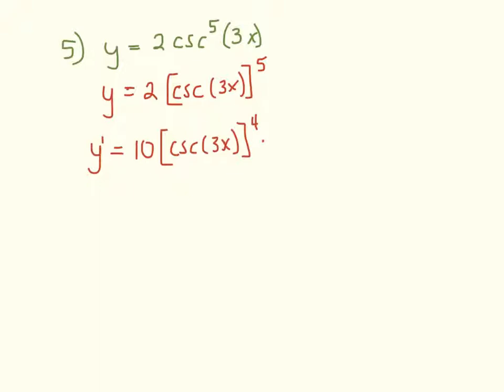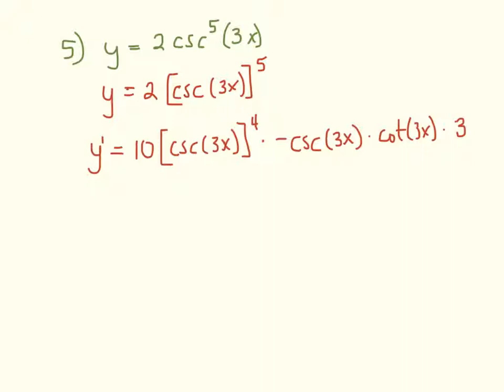Well, to take the derivative of cosecant 3x, okay, the derivative of cosecant is negative cosecant, keep the angle, times cotangent, keep the angle, times the derivative of the inside, which this inside now is that angle, which is just 3.